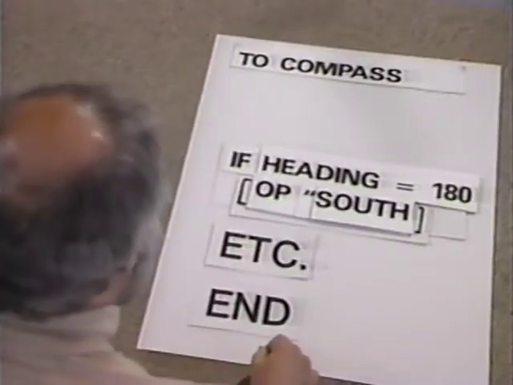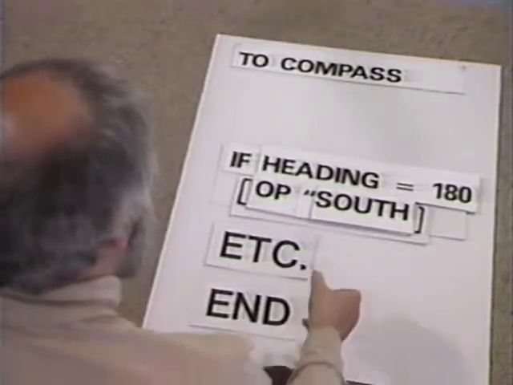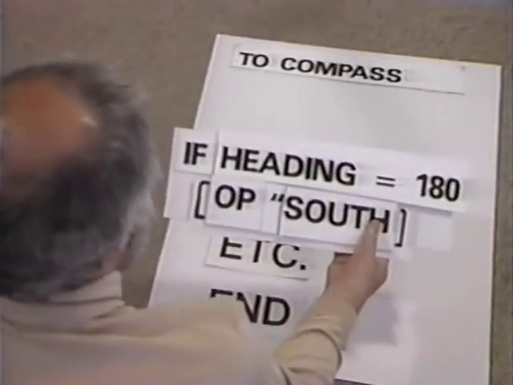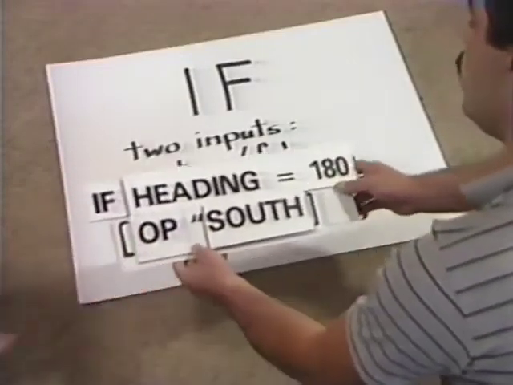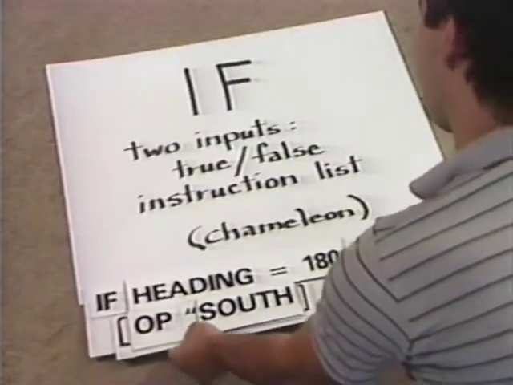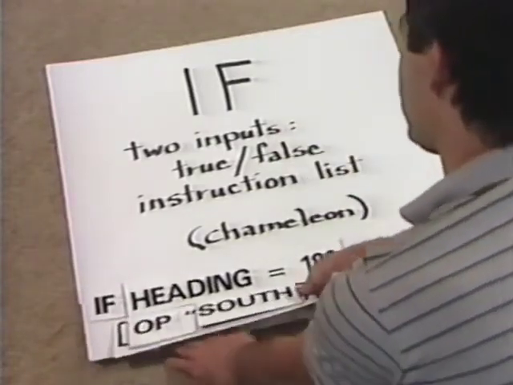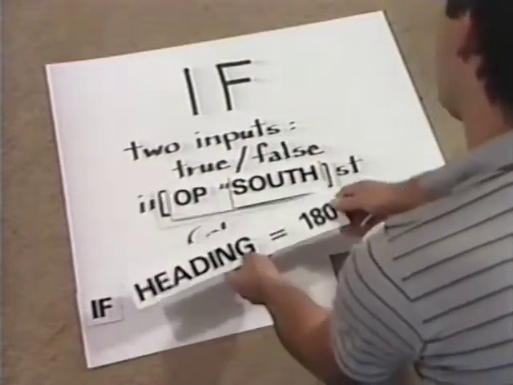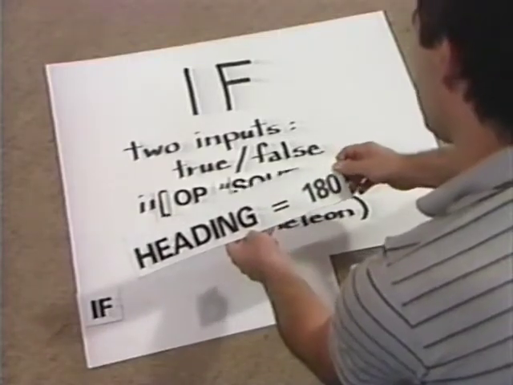If is finished, my plan calls for me to continue instruction by instruction through my procedure. Here's the next one. Its command is if. Well, I'm if, and I need two inputs. This is my instruction list. And I need a true or false, but I don't know if this is it, so I'll give it to equals.